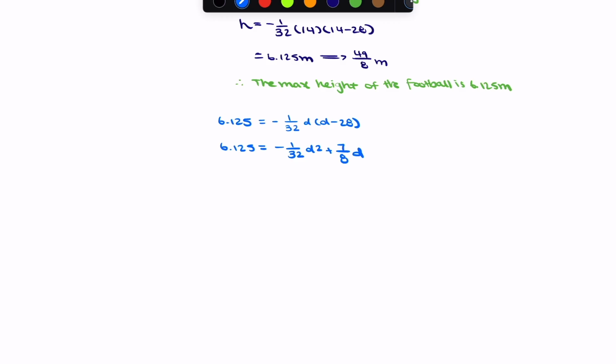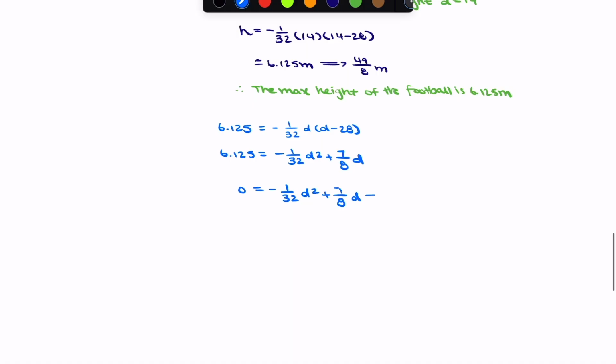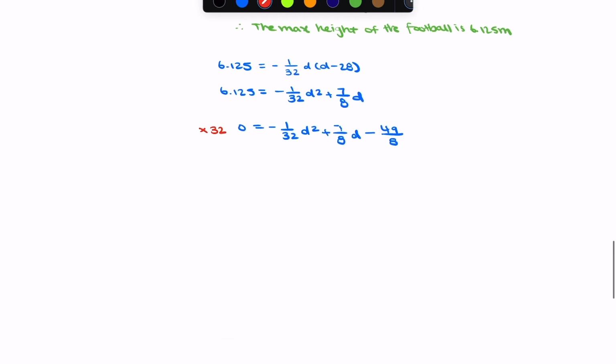Here we'll move the 6.125 to the other side. So here we have 0 is equal to -1/32 d squared plus 7/8 d. And remember, we rewrote 6.125 as a fraction, which was 49/8. So we'll rewrite that as -49/8. And here we're going to multiply everything by 32.